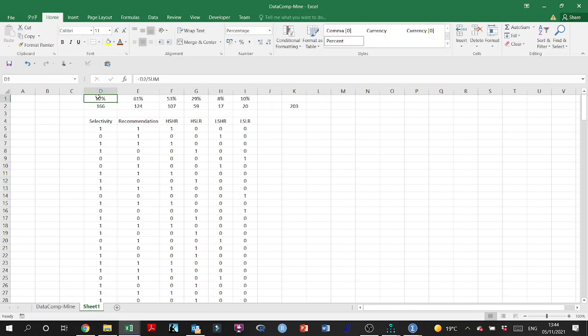Okay, 82% here are high selectivity. 61 are high on recommendation. High selectivity, high recommendation is half, almost. By high selectivity and low recommendation, 29.